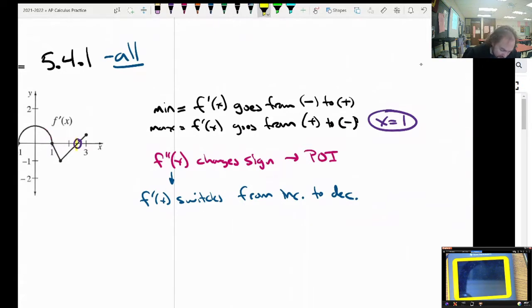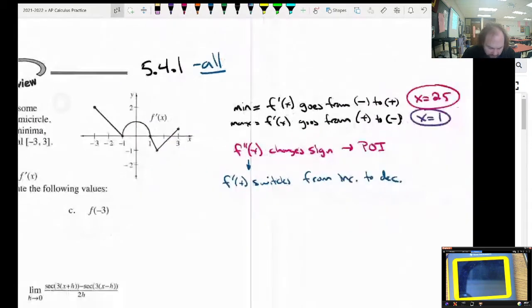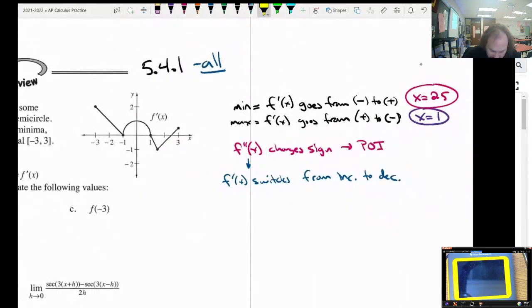And then here at about 2.5, I think, we see the graph change from negative to positive, which means the original f of x goes from decreasing to increasing, and so there's going to be a minimum at x equals 2.5, like that. As far as points of inflection go, we're looking for places where this graph switches from increasing to decreasing. I see that happening here at x equals -1.